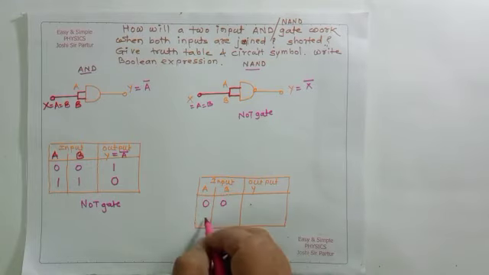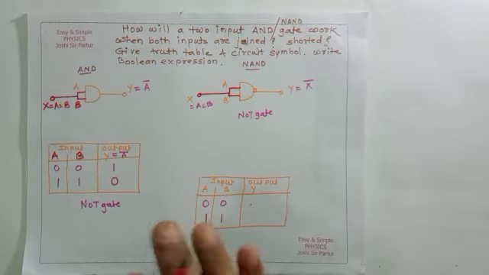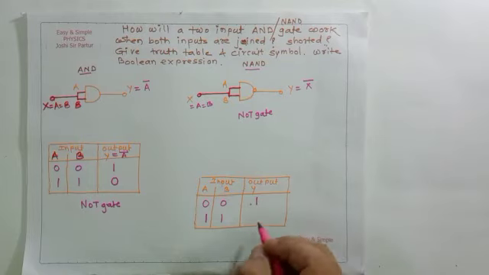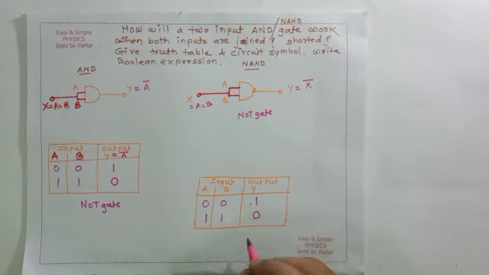Input is low, input is high. When input is low, output will be high. When input is high, output will be low. So this represents the truth table for the NOT gate.